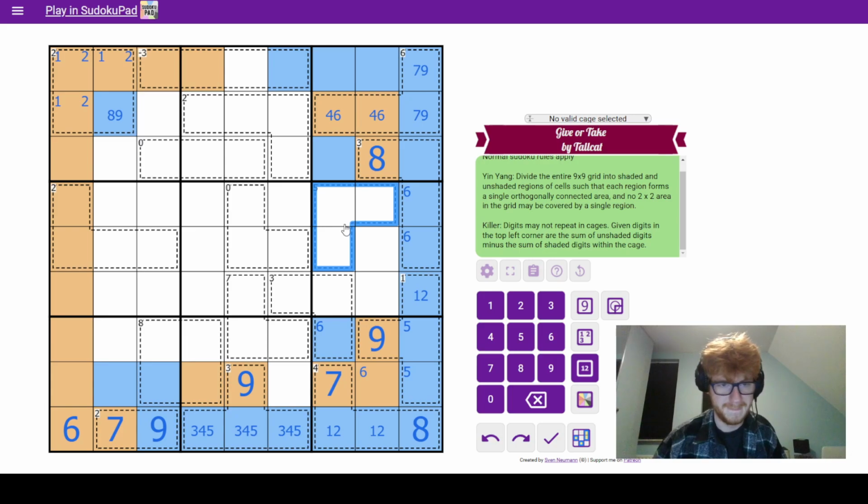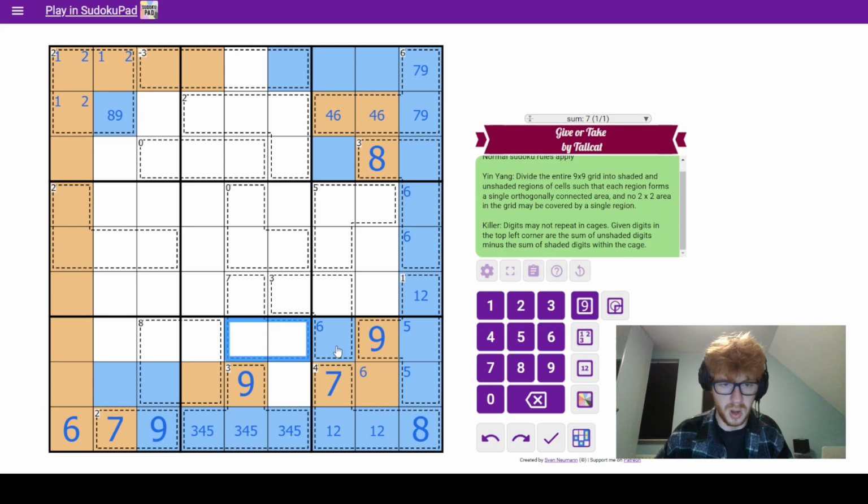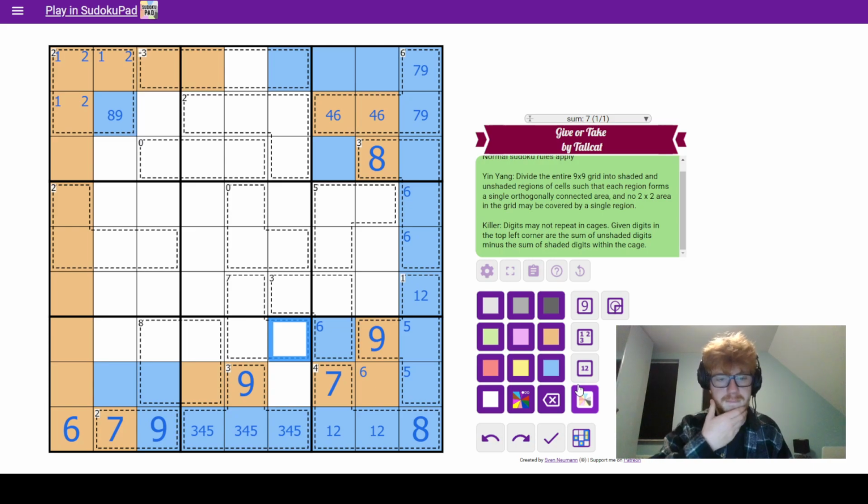Yeah, I don't know. What's the minimum this can be? 7. Well, with a 1 in orange, and blue could be 8, but 8 could still be in 2 cells. Could this ever be 1 blue and 2 orange?